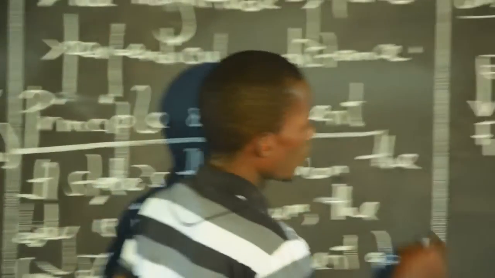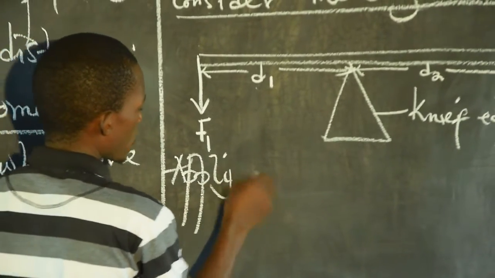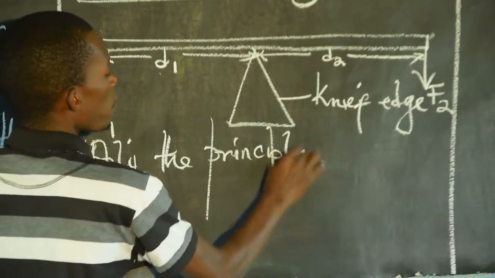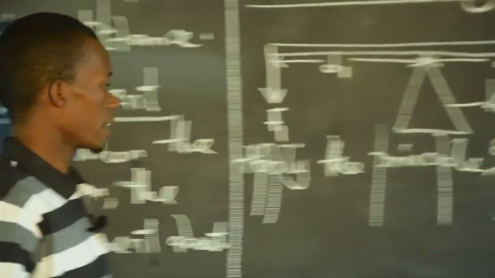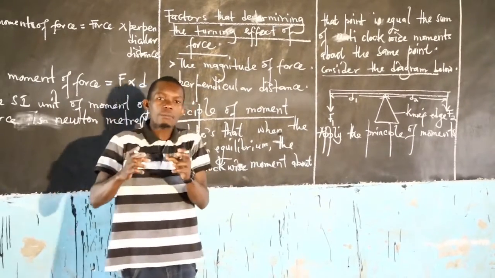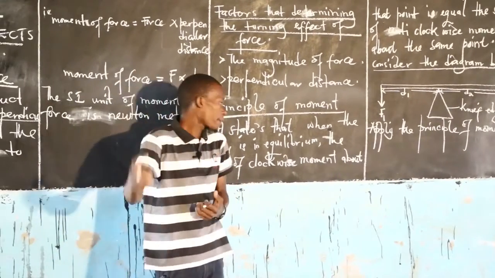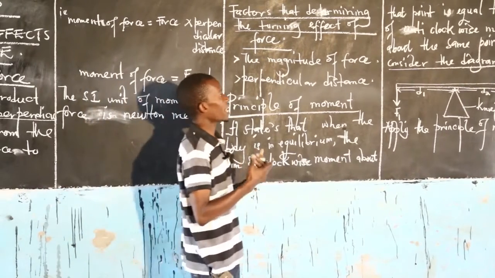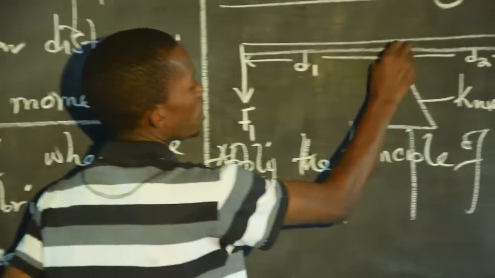So here, when you apply the principle of moments, you should get to know the principle of moments says that when a body is in equilibrium, the sum of clockwise moments about the point is equal to the sum of the anti-clockwise moments about the same what? Point. This is the same point.